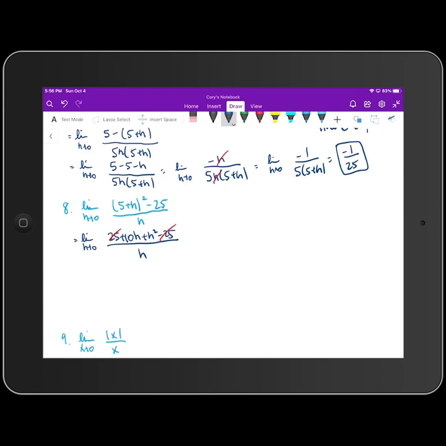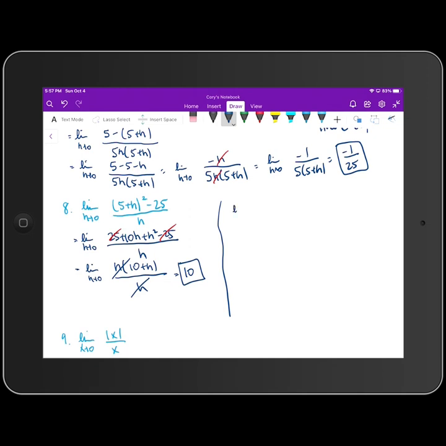And then when you look at the numerator, we can factor an h out of the numerator, which is going to leave me with 10 plus h all over h. And then once we get rid of that factor of h, we can now use direct substitution, and 10 plus 0 makes that limit equal to 10. And that technique works perfectly fine. Honestly, if I were working it through, that's probably how I would do it as well.